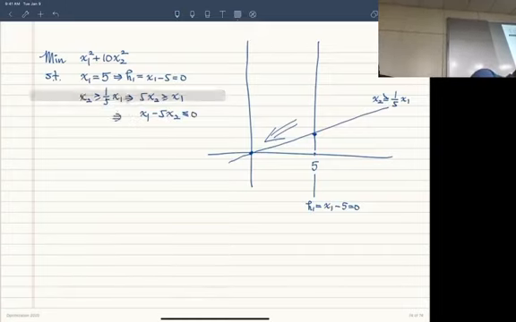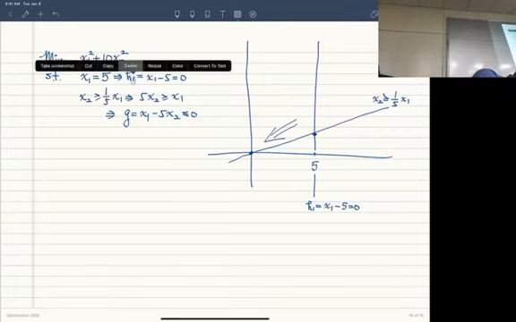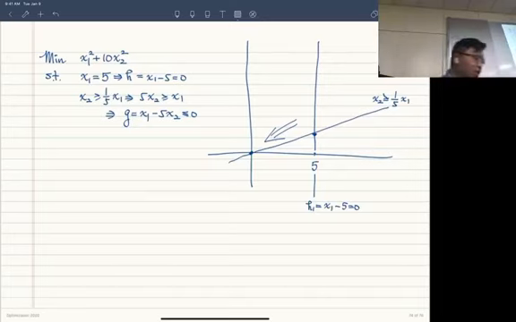So this is actually my g function. So just one equality constraint, and another one is an inequality constraint.